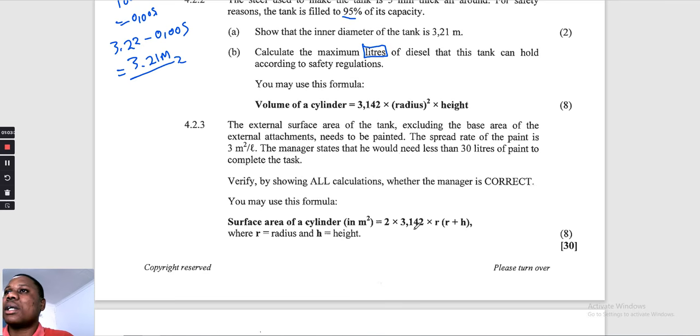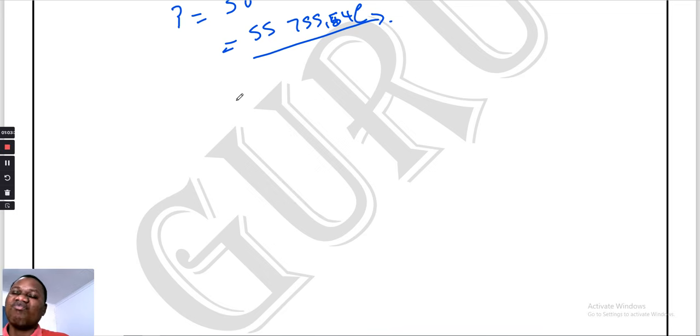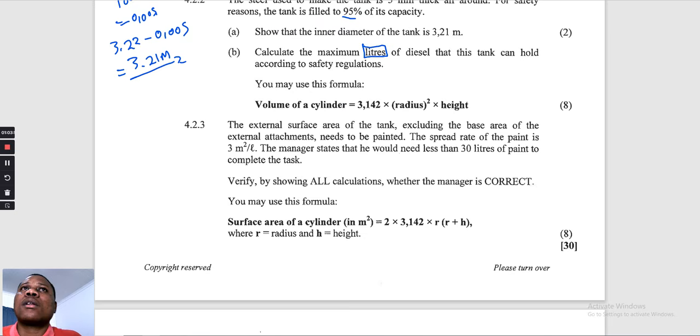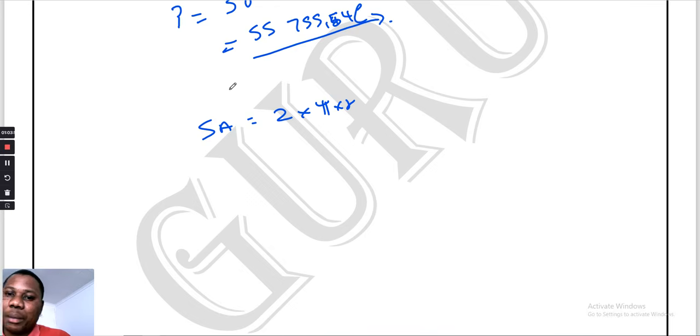So it says 2 multiplied by 3.142 multiplied by r into brackets r plus h, which is the height. We open the brackets and we say r plus h.